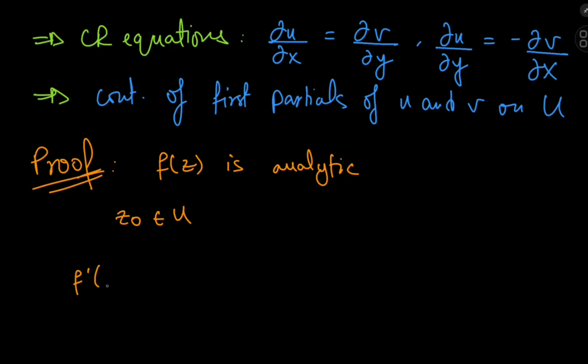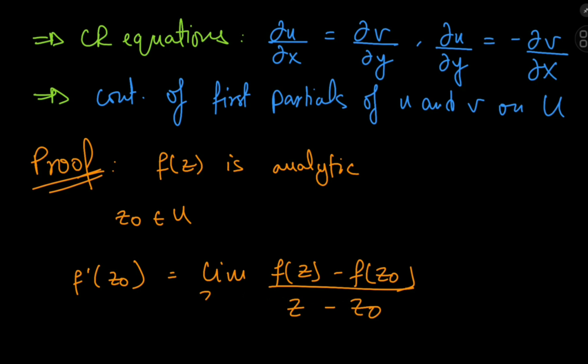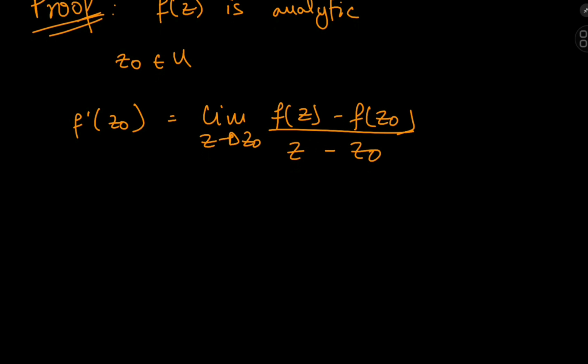So that means the derivative at z naught, defined as the limit of f of z minus f of z naught divided by z minus z naught as z approaches z naught, exists. So let me just expand f in terms of its real and imaginary parts. And z approaching z naught is equivalent to (x, y) approaching (x naught, y naught), where x naught, y naught are the real and imaginary parts, respectively, of the complex number z naught.